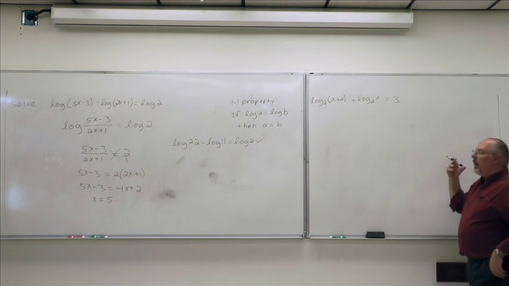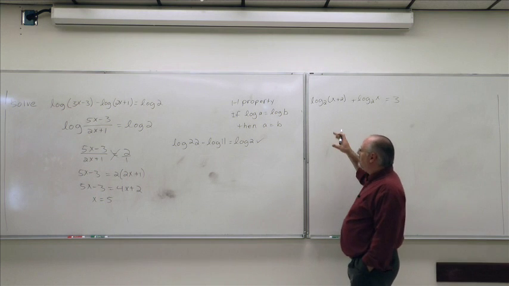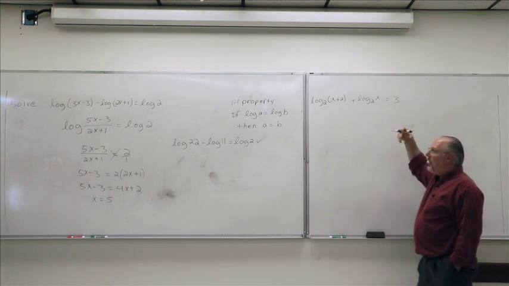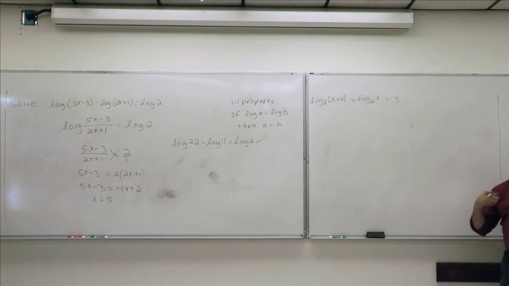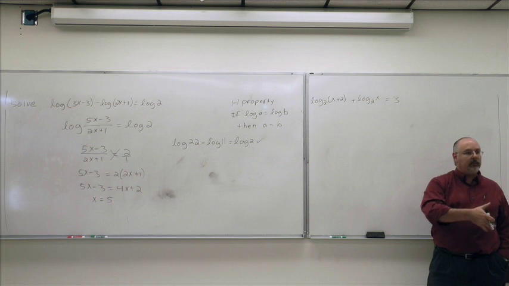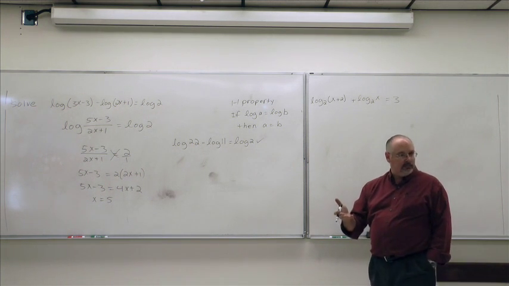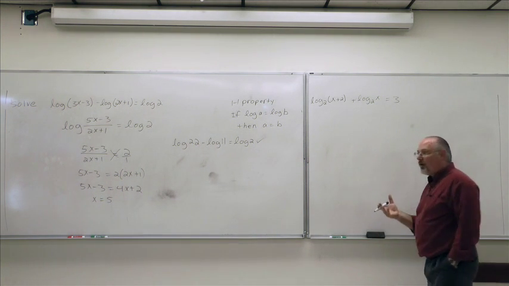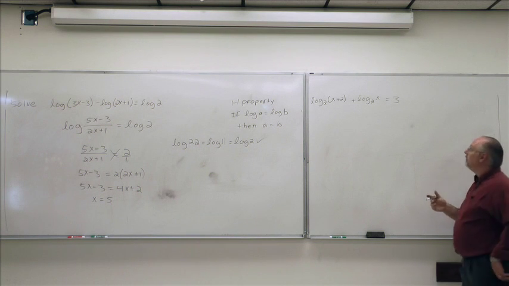Now, this problem involves the other way to get rid of a logarithm, and that is converting from a logarithm into an exponential, using what I call the loop-de-loop.